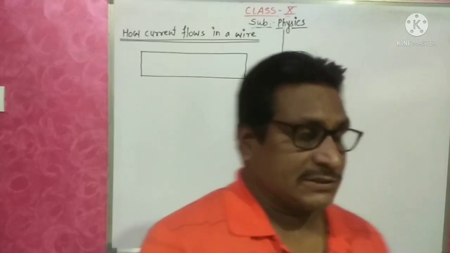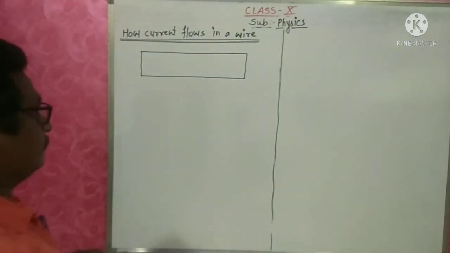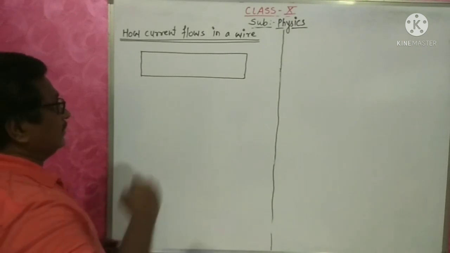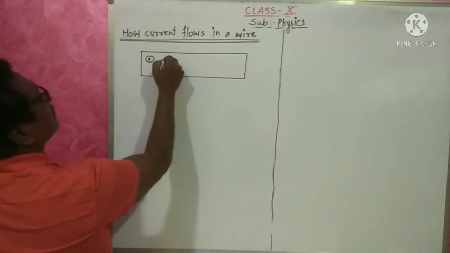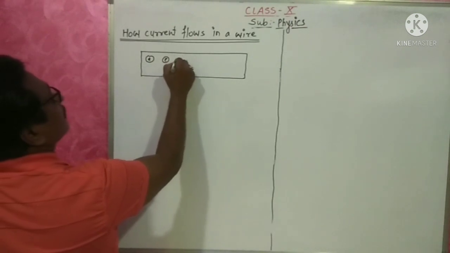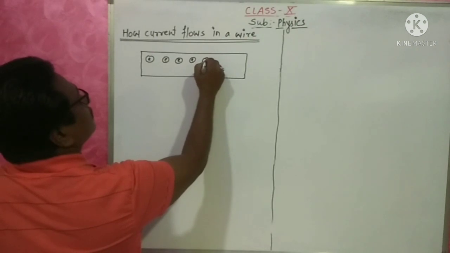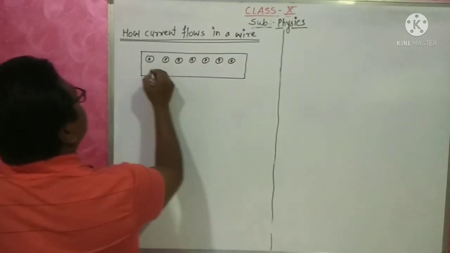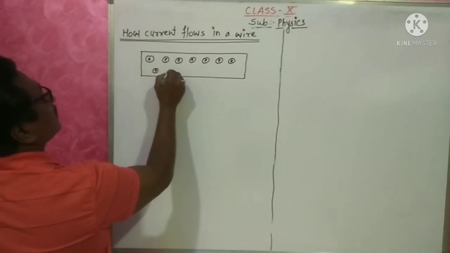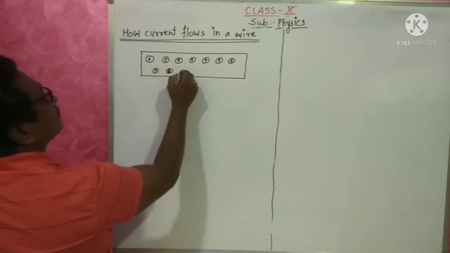So here this is the conductor. In the conductor, electrons are moving randomly. These are the free electrons.